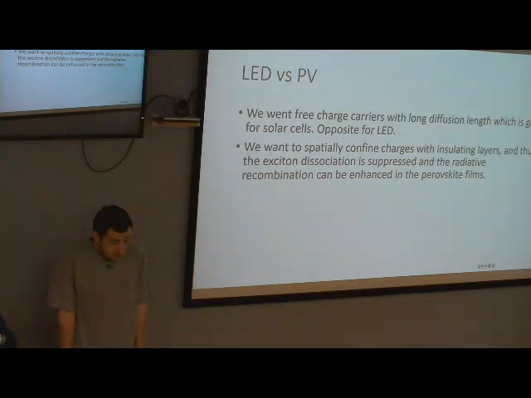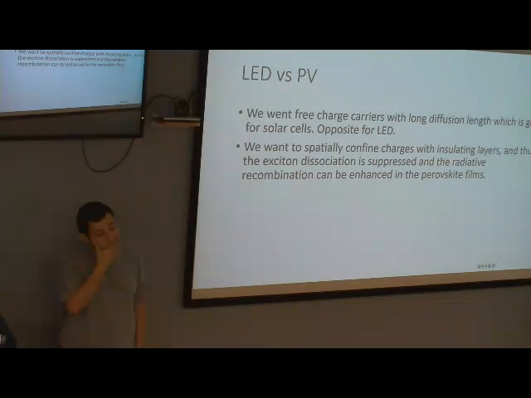So you're saying that for LEDs you don't want long diffusion lengths, whereas for PVs you do. Yes. So then it comes back to the question, how are you exciting your LEDs? Are you trying to have a current go in, and you have electrons go in and then they recombine?